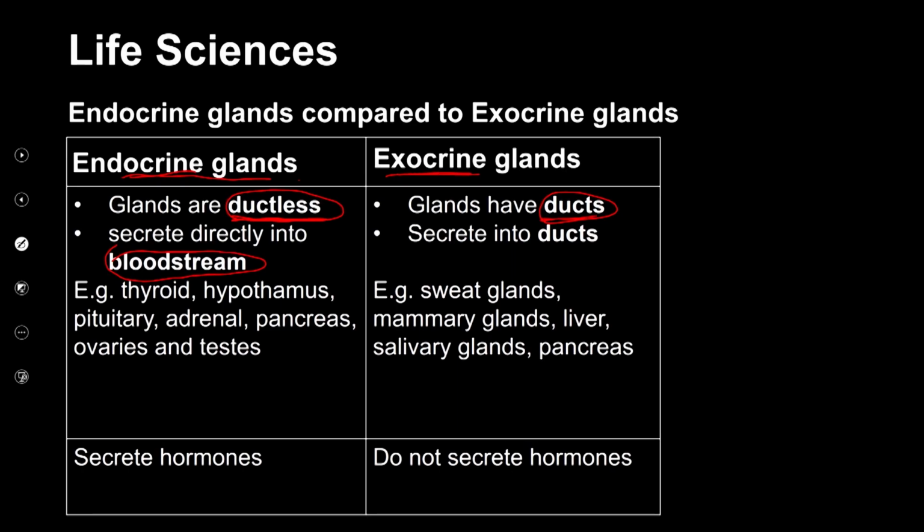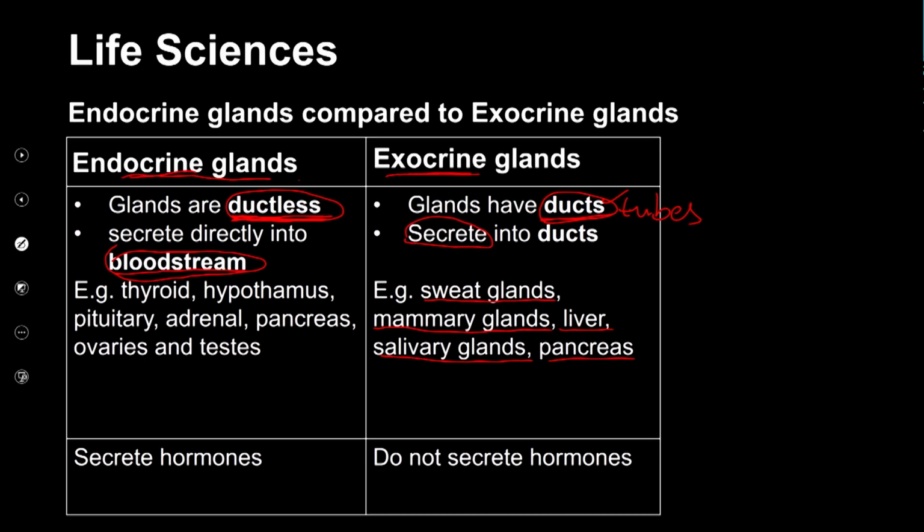We say they do have the tubes that deliver what? The secretions. And where do these secretions go? These are the examples of the glands that have ducts. But the endocrine glands don't have the tubes. We said their secretions are delivered by the bloodstream.